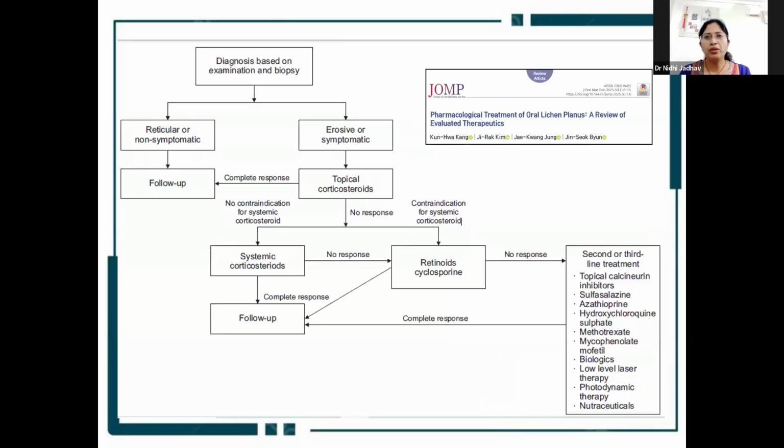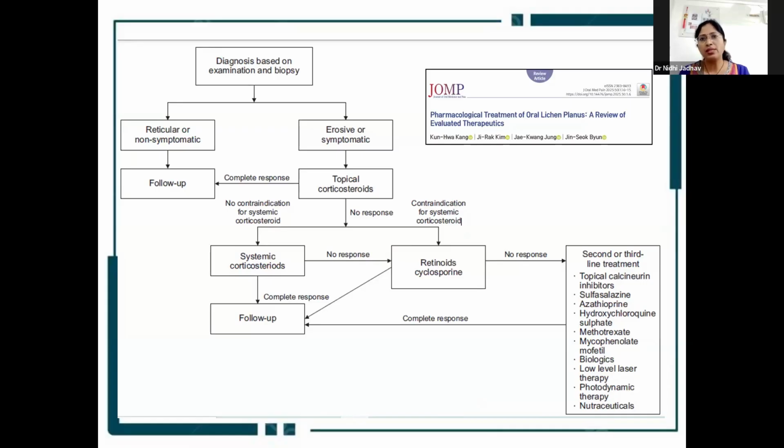So coming to this, this is a very nice flowchart from the Journal of Oral and Maxillofacial Pathology, which we can follow for treating our patients. Like, if you have examined the patient initially and it is a case of reticular non-symptomatic lichen planus, just follow-up is enough. We don't have to give them any medication. But if it is a case of erosive with symptomatic, we can give topical steroids.